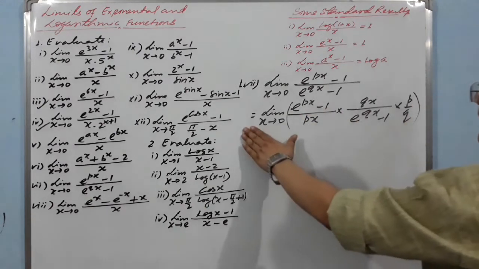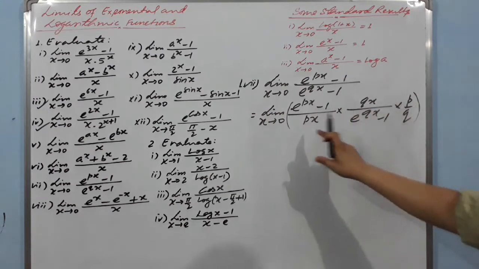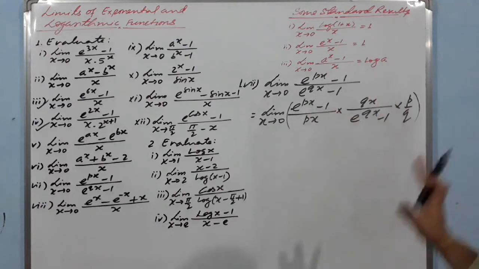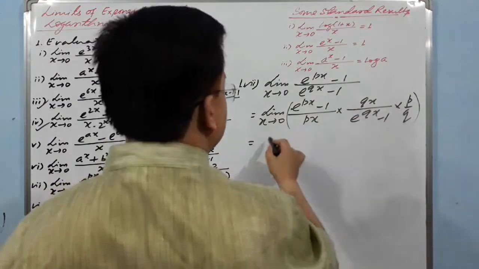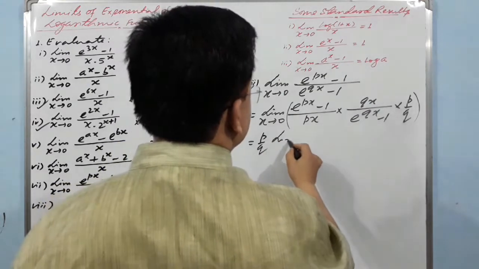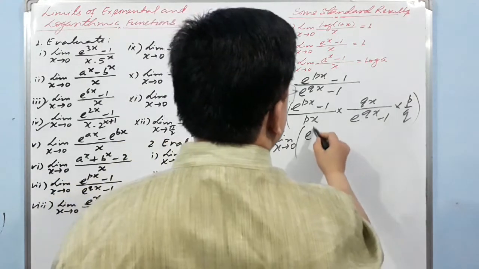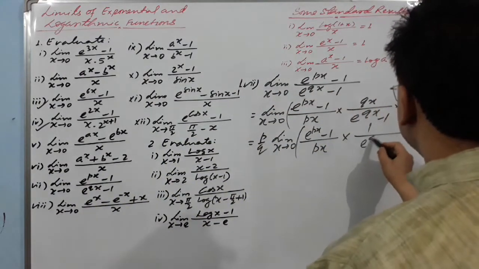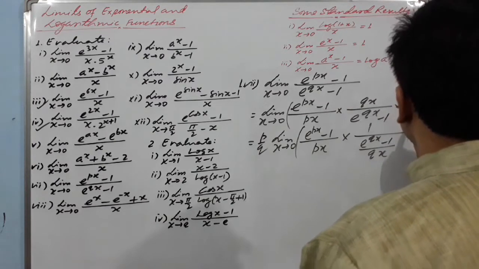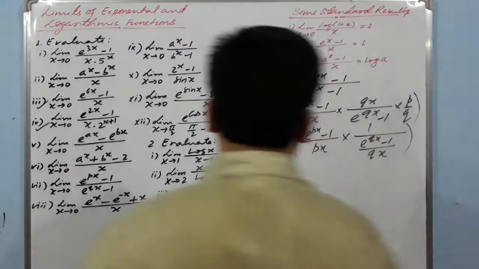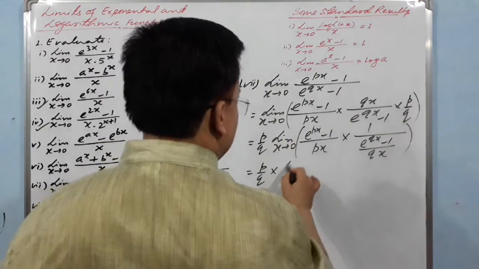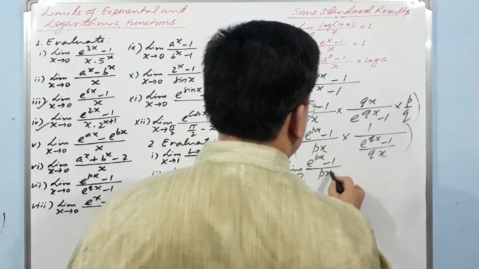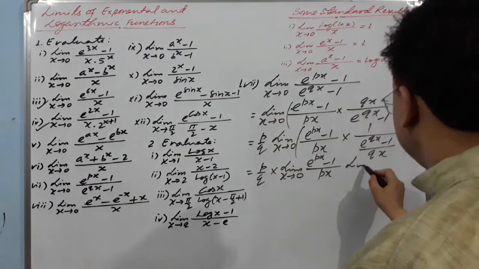Now you can say this line is equal to this line, right? Because the p's will cancel, the q's cancel, and the x's will cancel each other. So this upon this you are going to get. Now p upon q is a constant, so we can write it outside: limit as x tends to 0 of (e raised to power px minus 1) over px, times 1 over (e raised to power qx minus 1) over qx.